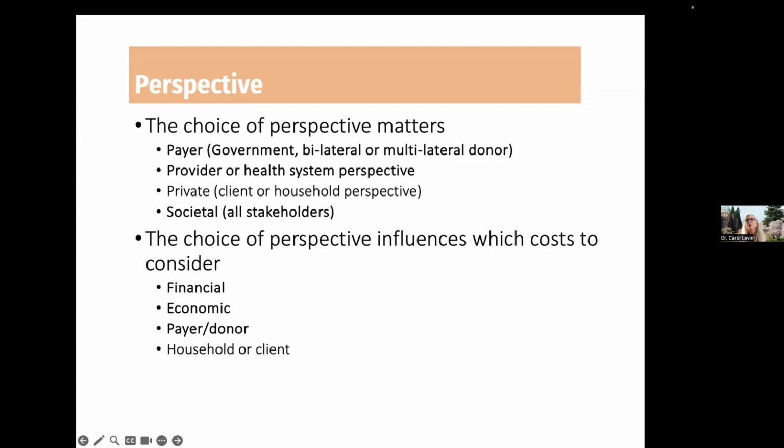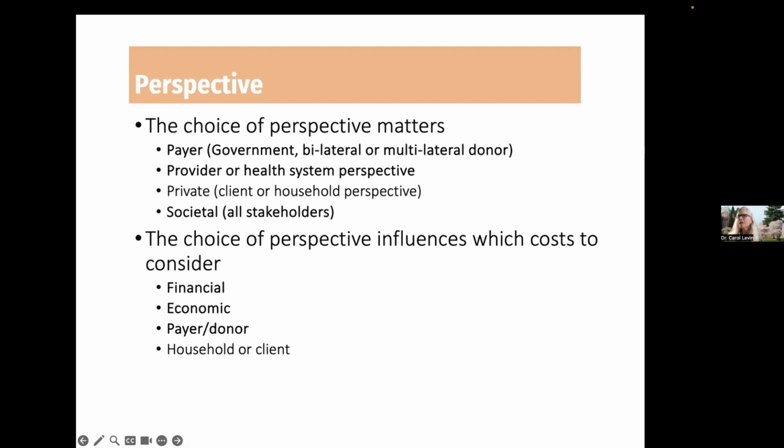But we argued that, okay, but the Ministry of Health or the Zimbabwe AIDS prevention program, they need to know what this is going to cost them. And so we were also interested in the government. And then, so we had a provider perspective in the study, that is the Zimbabwean AIDS prevention program. We also had to understand the government perspective, and we also had to understand the donor perspective.